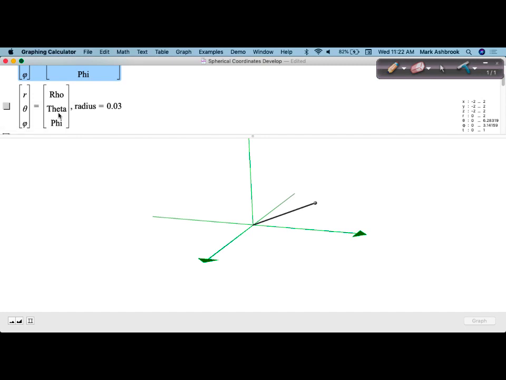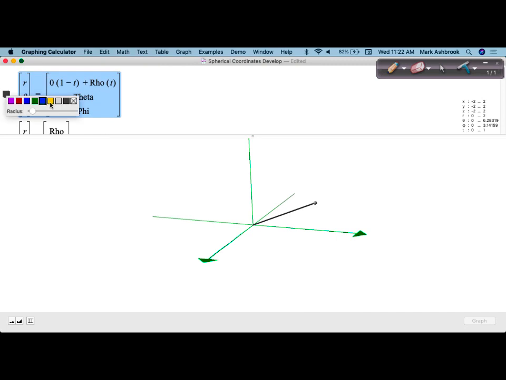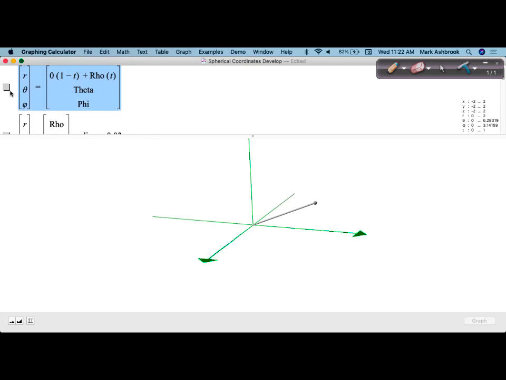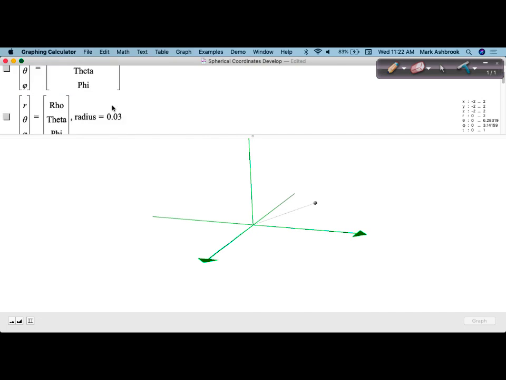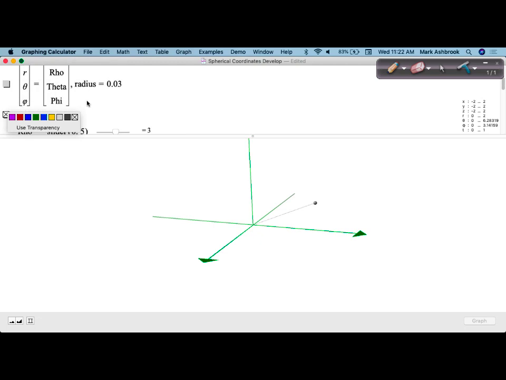There are some problems where I love spherical coordinates, and others where I wouldn't touch spherical coordinates with a 10-foot pole. This is nice. I can change this. Where's my radius of that? There we go. Okay, perfect.